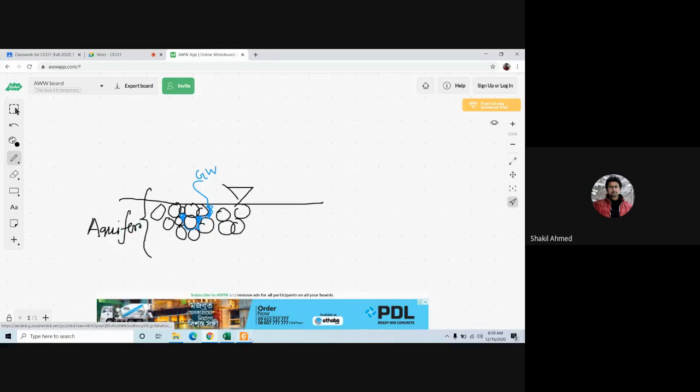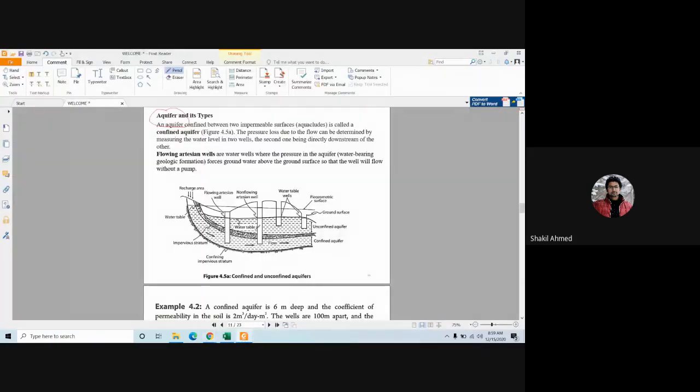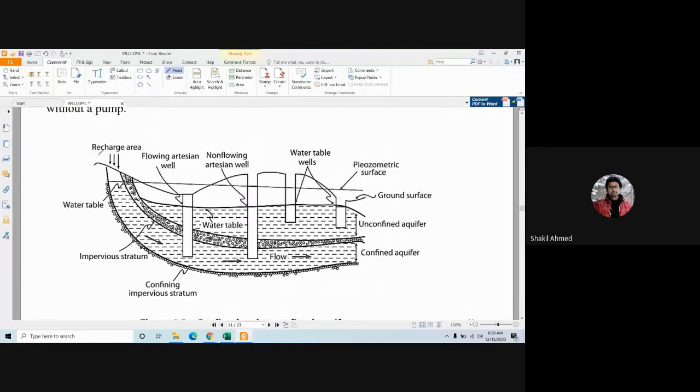Aquifer. Okay. So, water table. This is the ground surface here. There is undulation, you can see there is undulation.